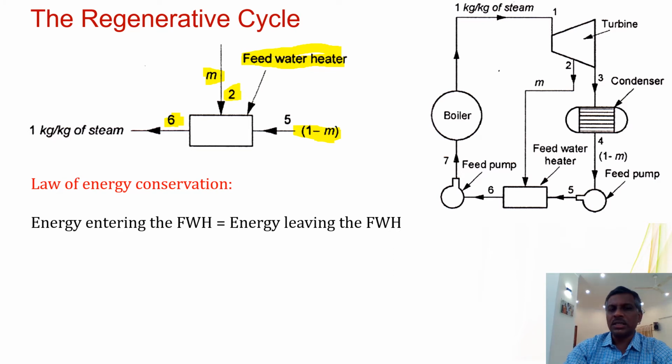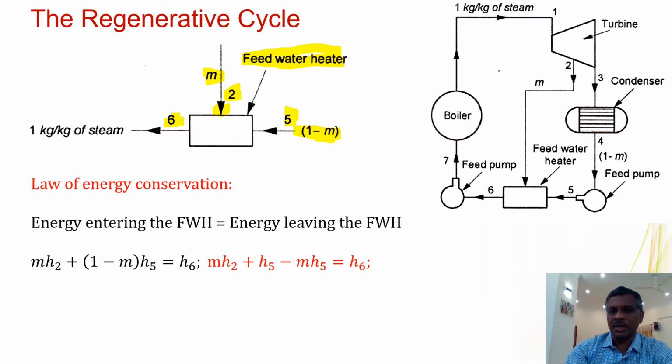Energy conservation: energy entering is equal to energy leaving. There is a law of conservation of energy. So what is coming in? You can see m into H2 enthalpy is coming in, look at the arrow mark, into the feed water heater. Similarly, 1 minus m into H5 is coming in.